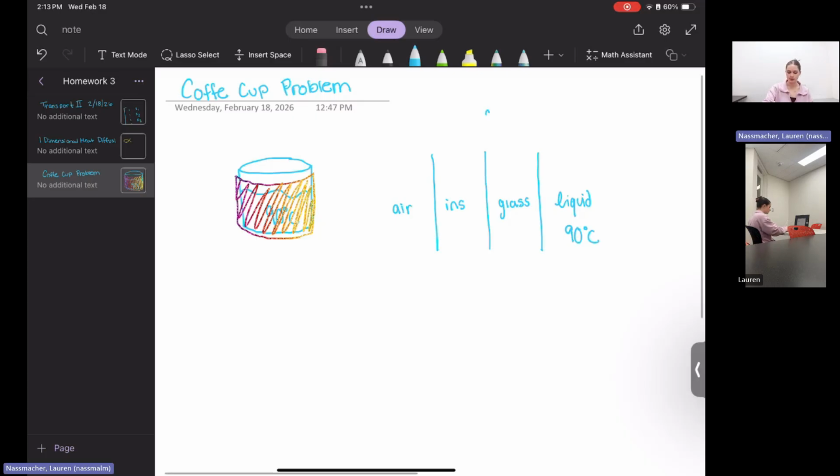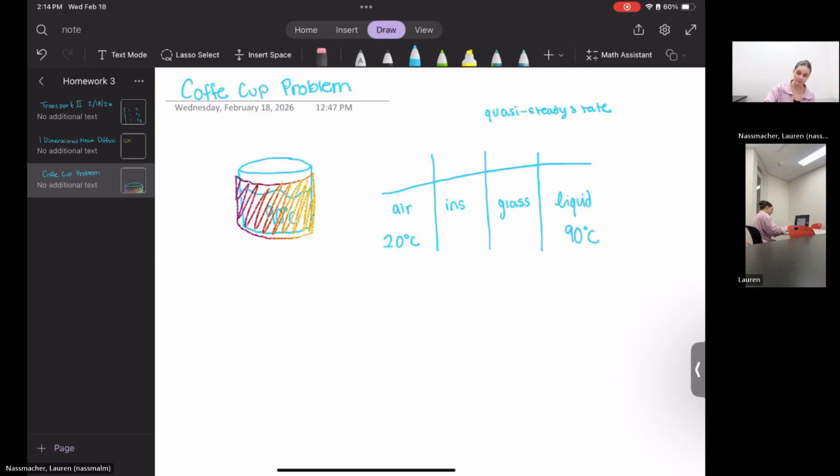Now, if we're assuming quasi-steady state, the coffee temperature will not decrease appreciably over the time we're looking at. And our liquid is 90 degrees Celsius, while the air outside of the cup is 20 degrees Celsius. And what we are attempting to do is sketch a temperature profile over all of these materials. However that may be, for example, it could look like this. That's not how it's going to look, but it could be that.